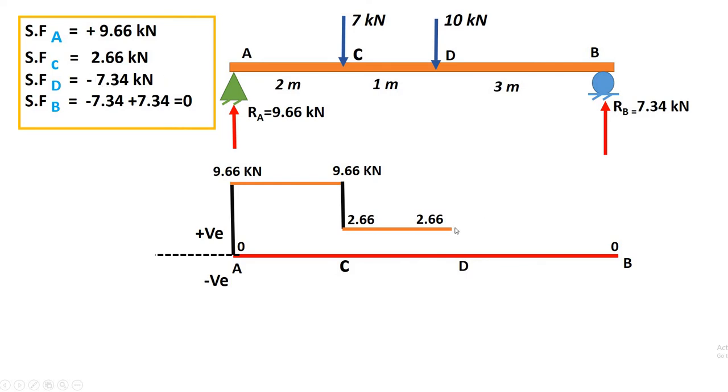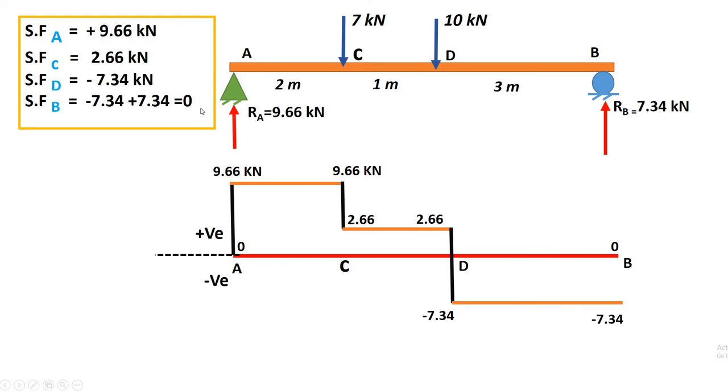So from 2.66 it is minus 7.34, right? At a negative value we have to show below this line, so it is minus 7.34. Now in between D to B, do you have any load? We don't have any load. Again we have a constant shear, and we have to show the same with a horizontal line, right? And constant shear of minus 7.34.